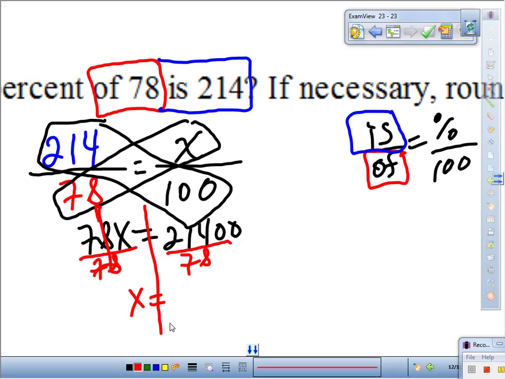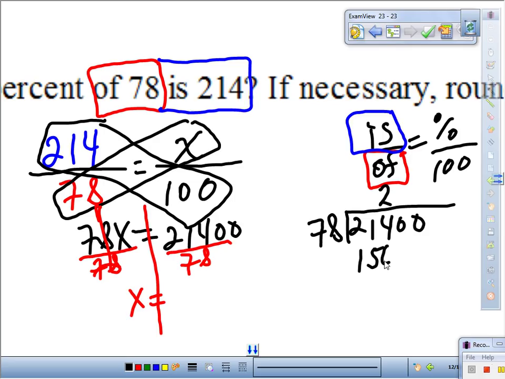X equals, let's find out what that is. 21400 divided by 78. 78 does not fit into 2 or 21, but it fits into 214 how many times? 2 times. So that is 156. Yes?